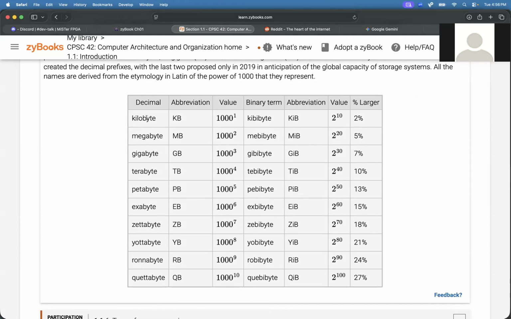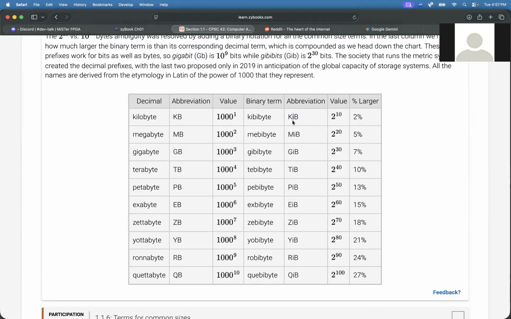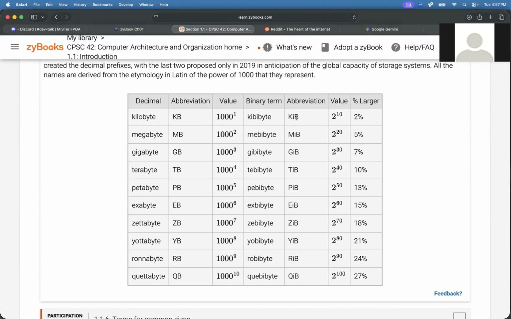Those are all the ones listed over here: kilobyte, megabyte, gigabyte, terabyte, petabyte, exabyte, zettabyte, etc. And those are all technically base 10 measurements. So a kilobyte is 1,000. And there's this other one, kibibyte, and they got an extra I in there, right?